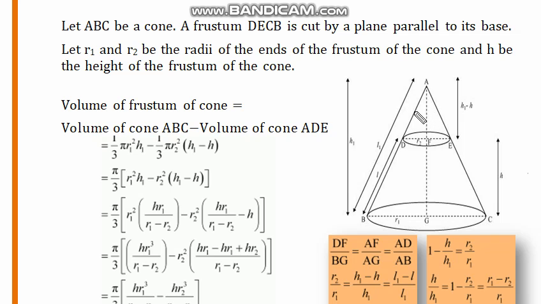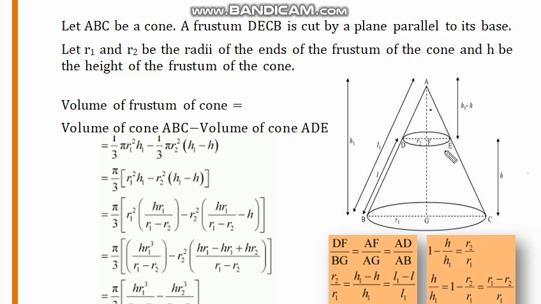Here I took the cone ABC. From this cone, I am going to remove the part ADE. This is also a cone. I am going to remove ADE from cone ABC, then only will we get the frustum.